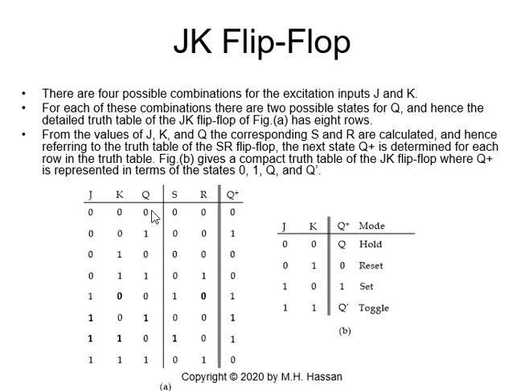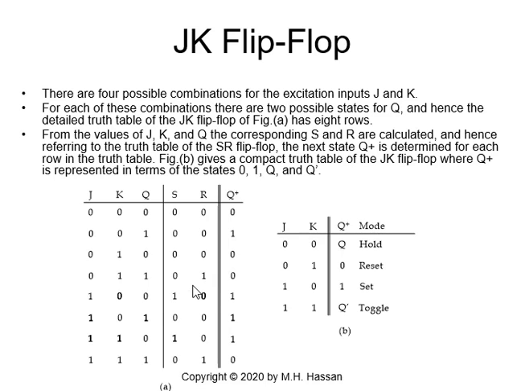Q prime is always the complement of Q. Now, based on those 2 logic equations, we can evaluate S and R. When S = R = 0, this is the hold mode, and Q plus will be equal to Q. So 0 will stay 0.